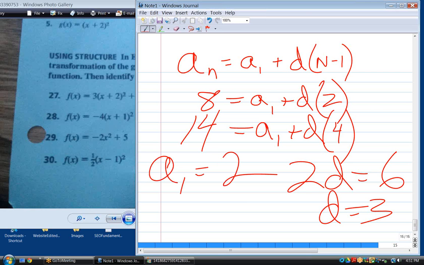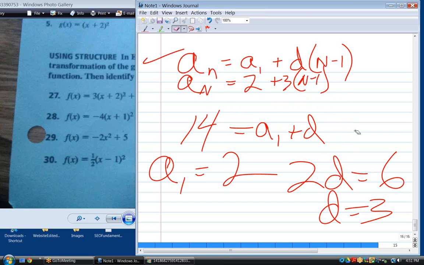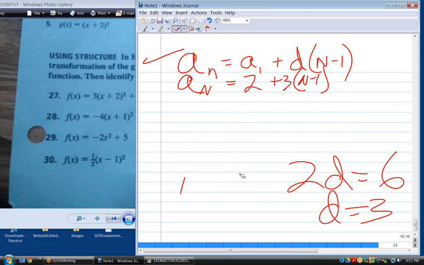and I have my specific. In other words, this is general. The specific formula for the sequence that I wrote up there would be 2 plus 3 times n minus 1. But now notice that I have to reduce that, simplify it.